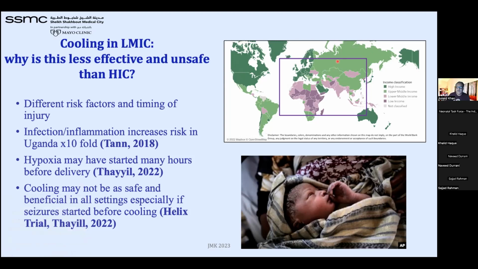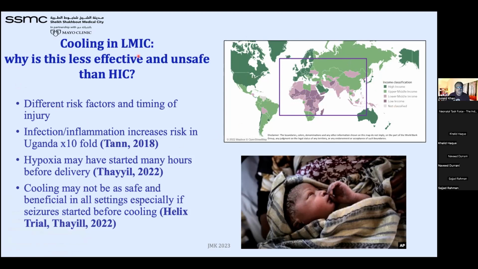The green one is the upper middle income, and the dark green is the high income. Almost all Africa is in the low income or low middle income. Almost all Southeast Asia is low middle income. And the Americas and Canada are all very high income.